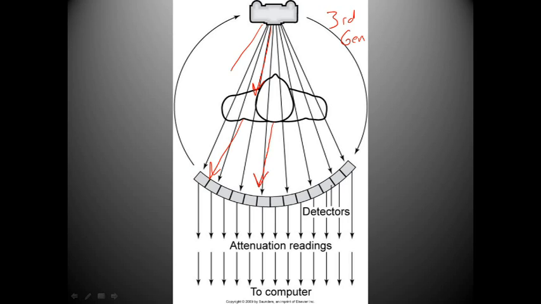And so the detectors acquire what is coming from the patient, measure it, and utilize these attenuation readings. They come up with these attenuation readings, and they are then sent to the computer, where the computer takes these attenuation readings and makes them a manipulable image.